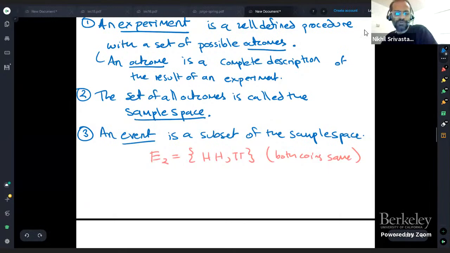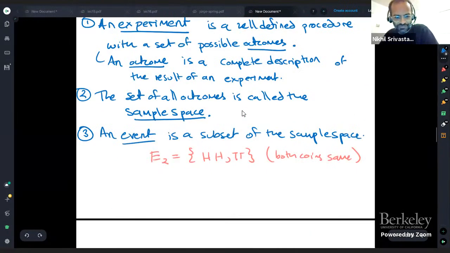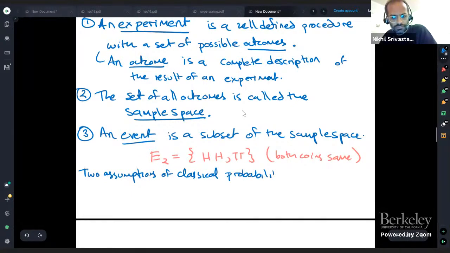in classical probability, this is basically a rephrasal of counting. So you have two more assumptions. The assumptions are, one, the sample space S is finite, and the second one is that all outcomes are equally likely.